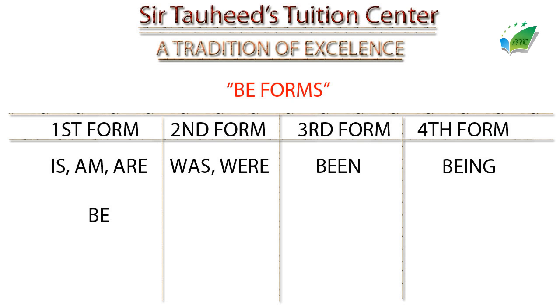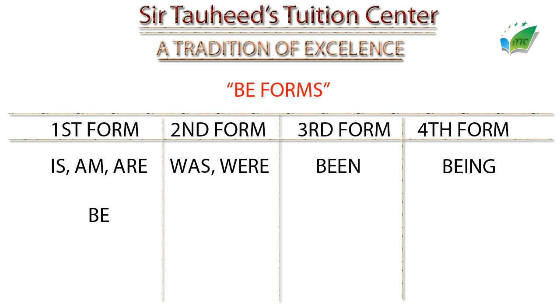You can understand this by seeing ing at the end, because whenever we make the fourth form of any verb, it contains ing at the end. So being is referred to as the fourth form of the verb. They are very important to understand because they are very important auxiliary verbs and helping verbs, used to create lots of different sentences and determine different tenses.